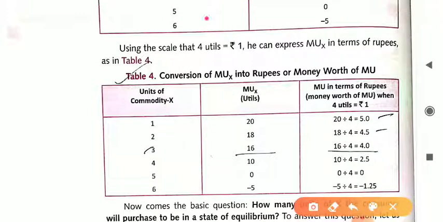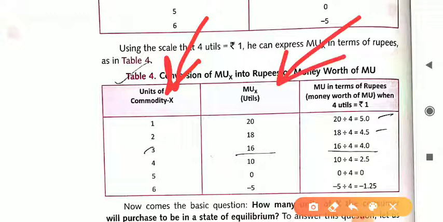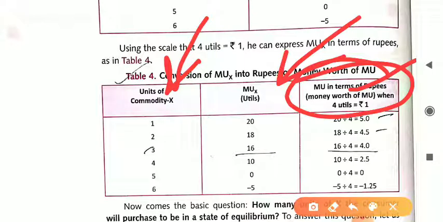Your quantity remains the same, and the marginal utility from the table remains the same. Now this is your marginal utility in terms of rupees. By spending 1 rupee you will get 4 utils.